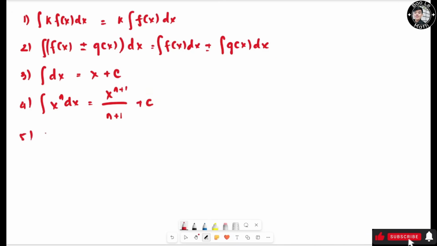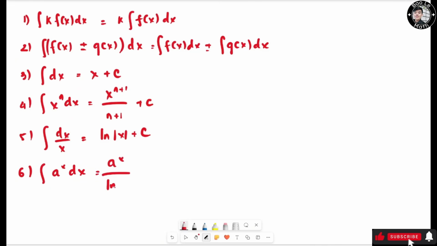Number 5, the antiderivative of ds over s is ln absolute value of s plus c. Number 6, the antiderivative of a to the s ds equals a to the s over ln a plus c. Number 7, the antiderivative of e to the s ds is e to the s plus c.